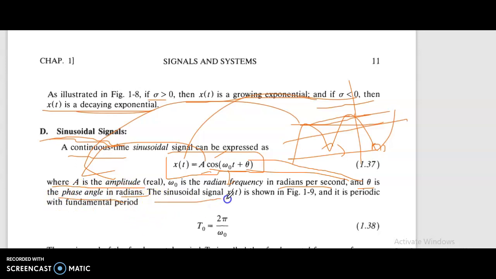The sinusoidal x of t is shown in figure 1.9, and it is periodic with a fundamental period.